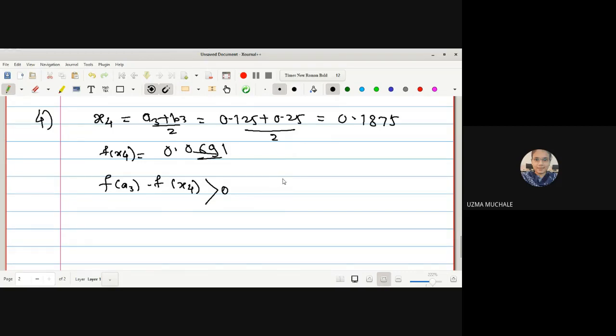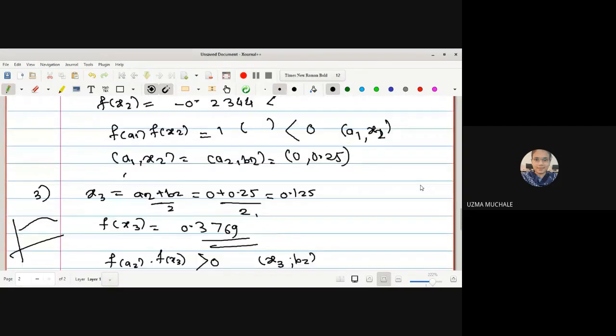Okay, now what is the next interval? The next interval which we can select is the root lies in the interval x4 to b3. So x4 is nothing but 0.1875 and b3 is 0.25. Now let us go back to what we have calculated.